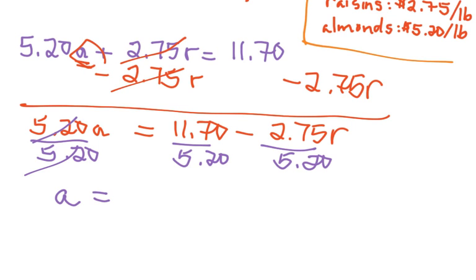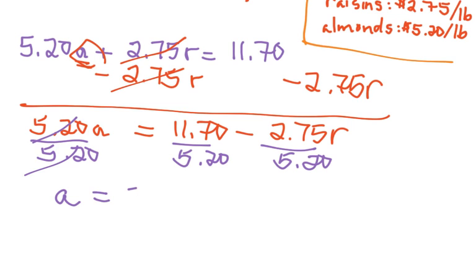And now to Neve's point, she said, well, gosh, I can't divide 11.70 by 5.20. I can't personally, Mrs. Hannaford can't take 11.70 and divide it by 5.20. I'm using a calculator. So I've got my calculator here and I'm simply going to divide 11.70 by 5.20. And what did I get?